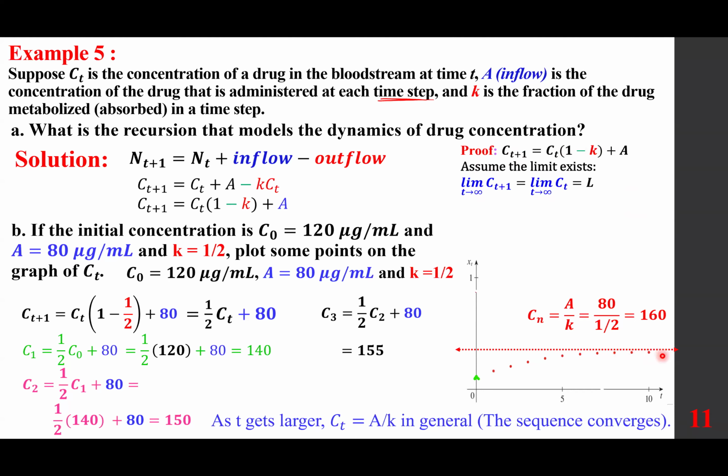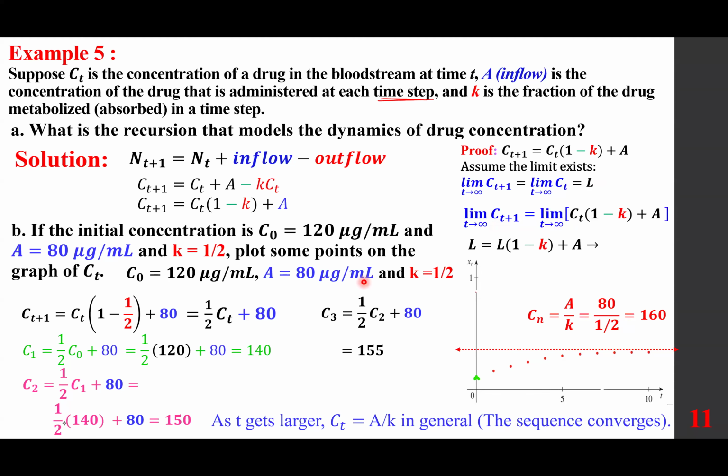That's the concept of a horizontal asymptote. So we are going to take a limit of both sides. This portion is equal to L, any variable that you choose, X, Y, Z, L. L stands for the limit. And so is this one. So you replace this one with L and this one with L.